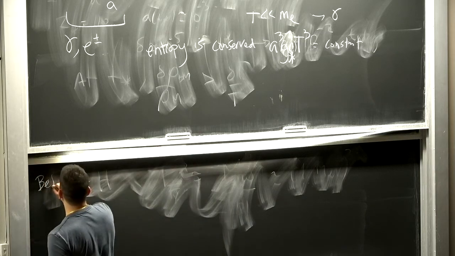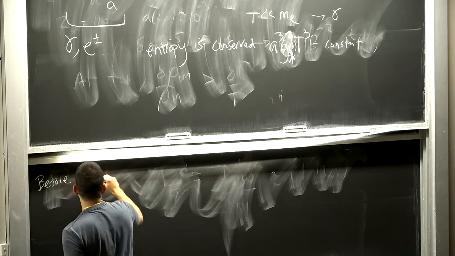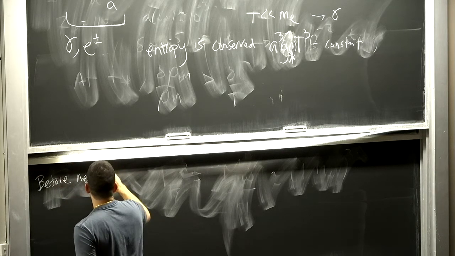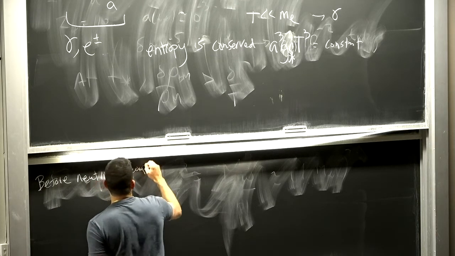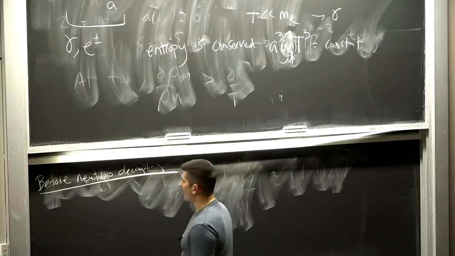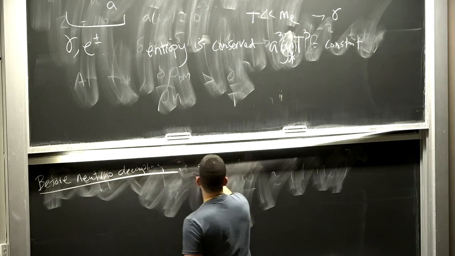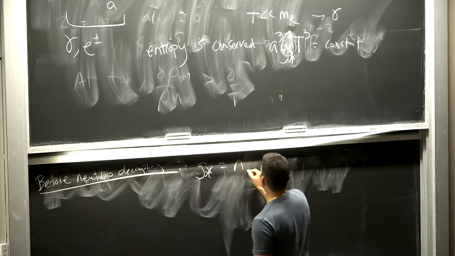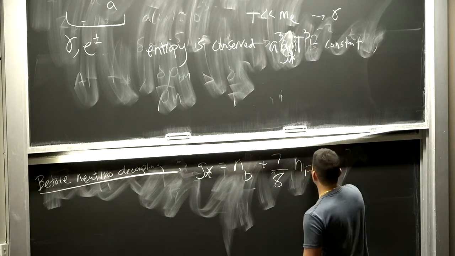Before neutrino decoupling, let's remember that g star is equal to the number of bosonic degrees of freedom plus 7/8 times the number of fermionic degrees of freedom.